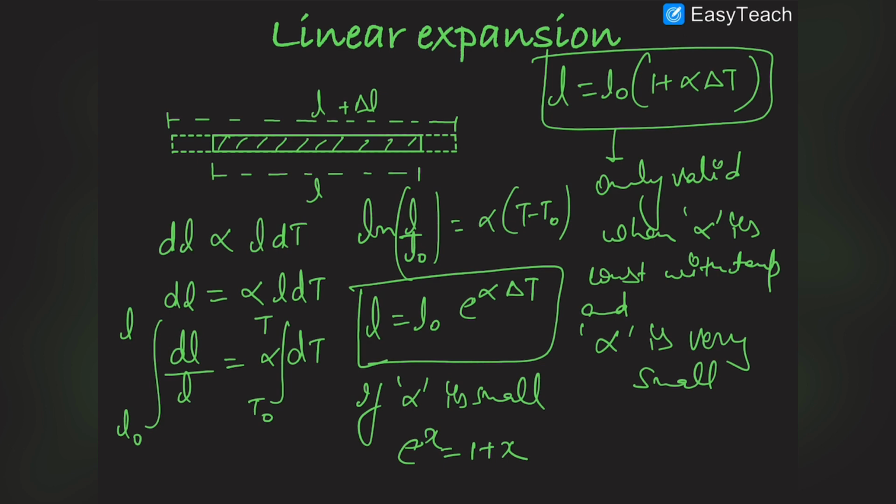So this is the formula of linear expansion, and alpha is the coefficient of linear expansion, whose unit is Kelvin inverse.